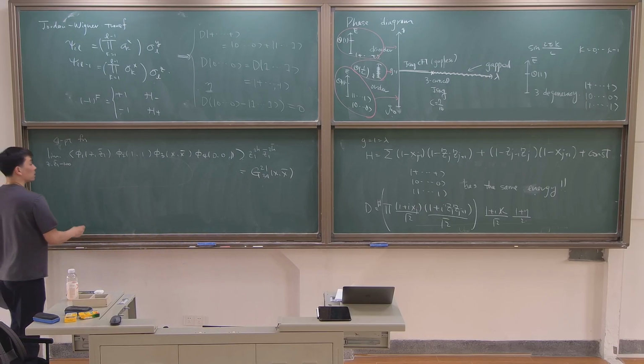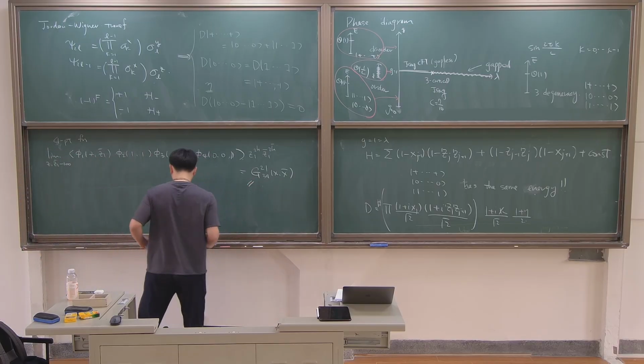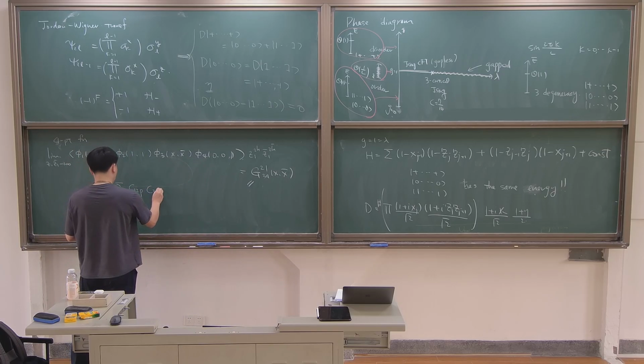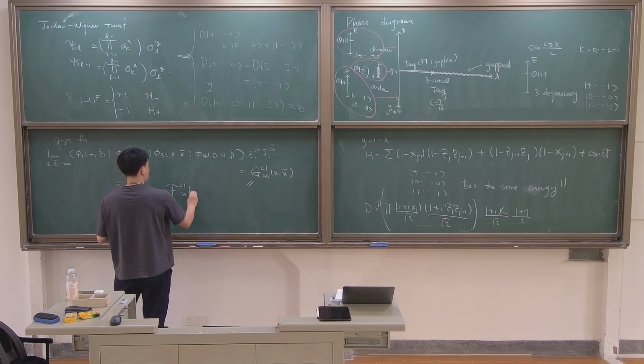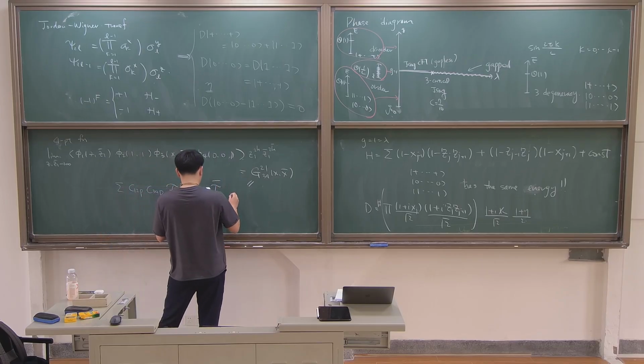This one can be written as a sum over P of C12P, C34P, times f 2, 1, 3, 4, P of x, times f bar 2, 1, 3, 4, P of x bar.